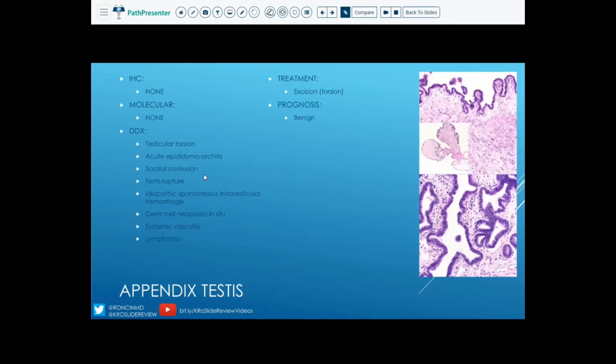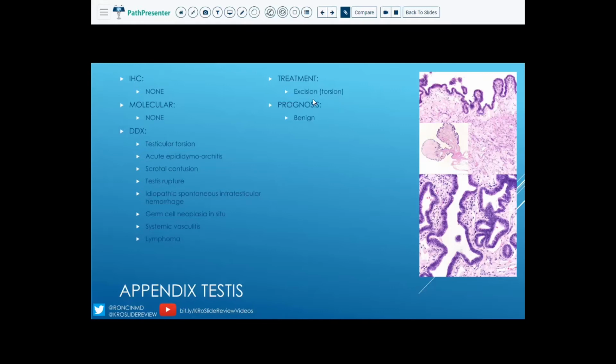Your differential includes a lot of things that can cause testicular pain, as well as hemorrhage. You would also want to think about things like germ cell neoplasia in situ, systemic vasculitides, so this would be things like maybe lupus or Wegener's granulomatosis, as well as lymphoma. For treatment, they leave them alone unless they undergo torsion.